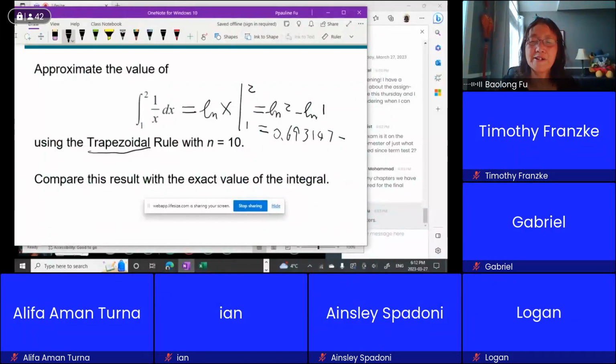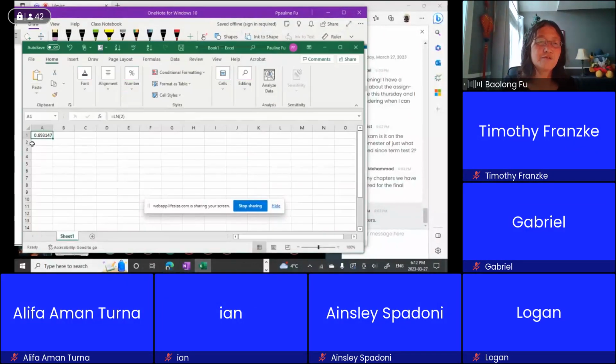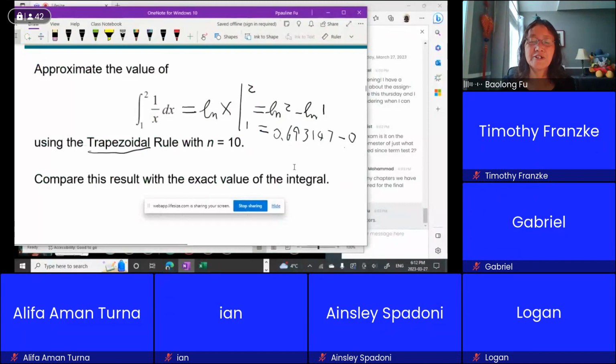And ln 1 is just 0. You can use Excel to verify what ln 1 equals. It is 0. So as a matter of fact, we can find the exact value of this definite integral. The result is 0.693147.